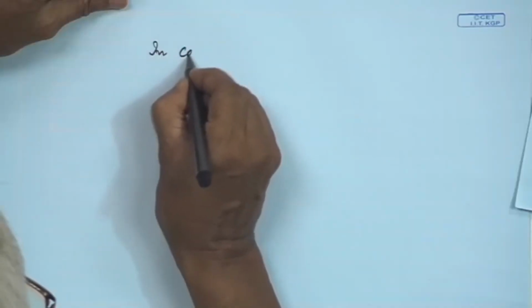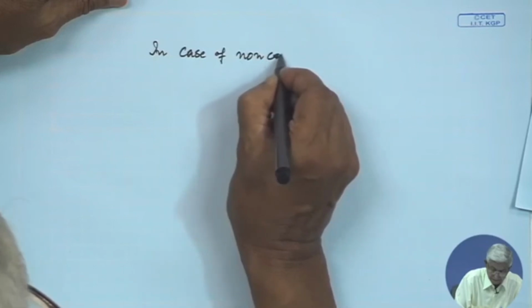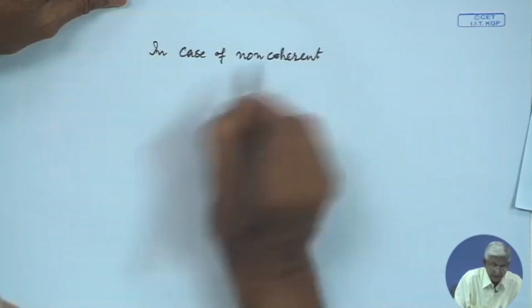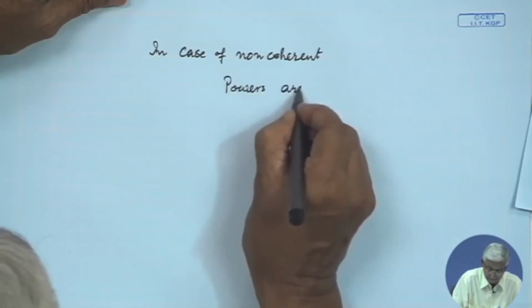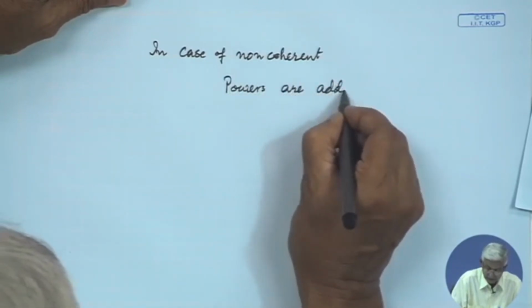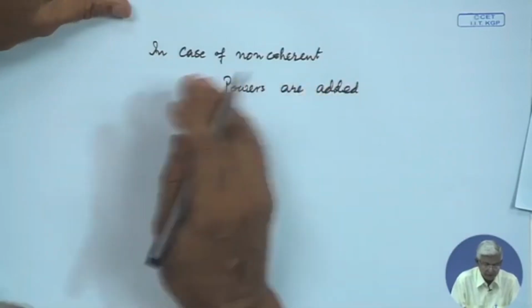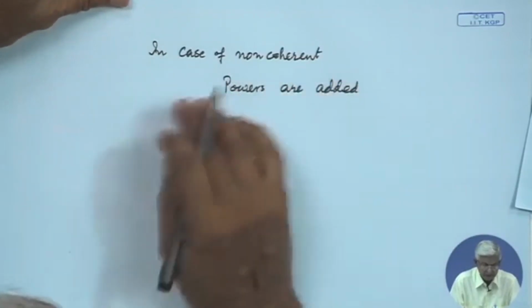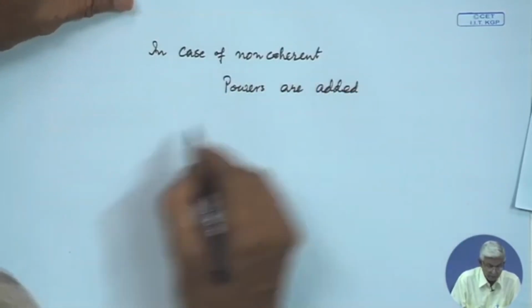Now, this is in the case of coherent addition, and in the case of non-coherent it can be calculated too. It is a power addition, because if the two carriers are slightly away, then their intermods will be further away, and due to randomness there won't be any correlation. Therefore, it can be random and only powers can be added.